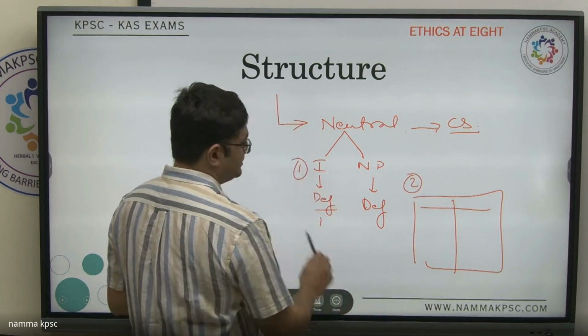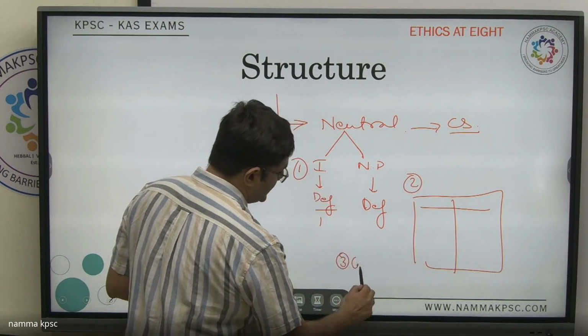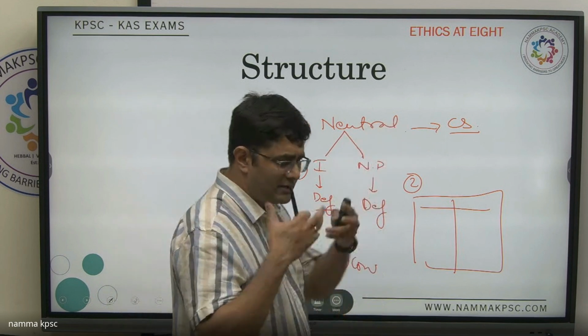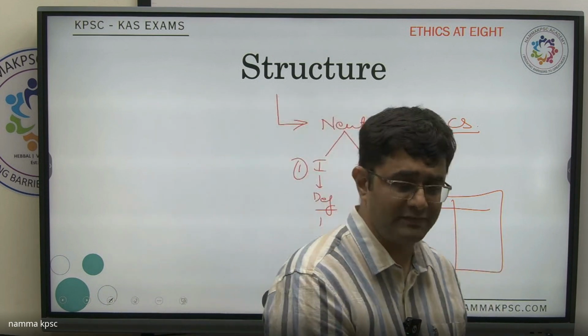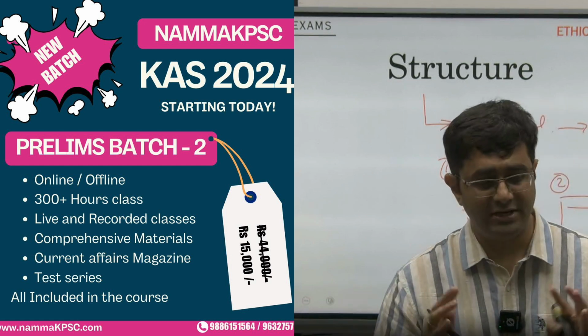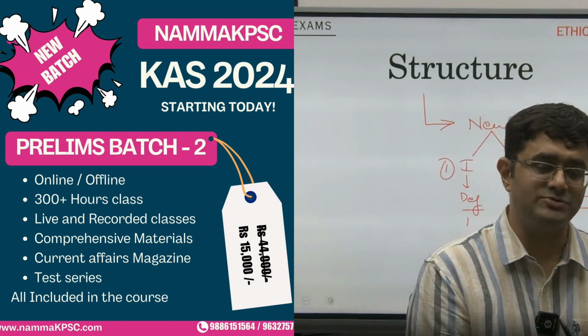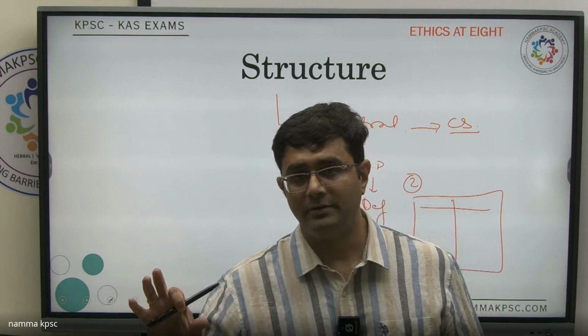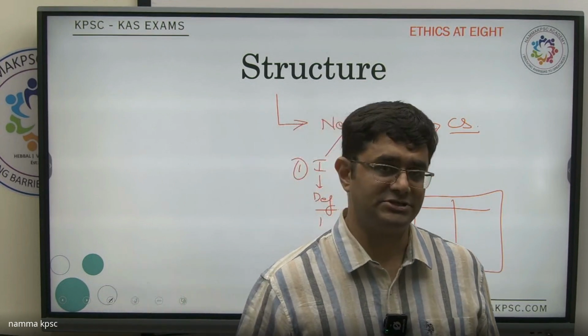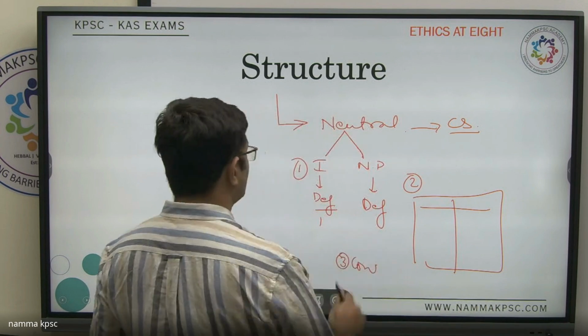This is the introduction part. And the third part is the conclusion: based on your explanation of the differences, you can say that both of them, even though they try to achieve different things, ultimately help to promote neutrality, and neutrality is an essential feature of good public administration. That way you can conclude your answer.